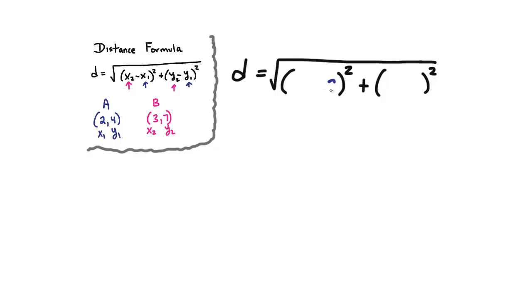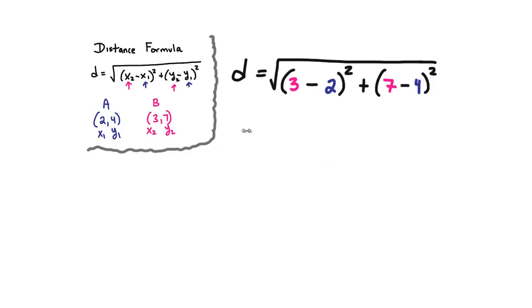So x1 is 2, this right here. The y1 is 4, so that goes there. And then now we can plug in the x2 and y2. x2 is 3 and the y2 is 7, so that goes there. And now don't forget the minus sign.